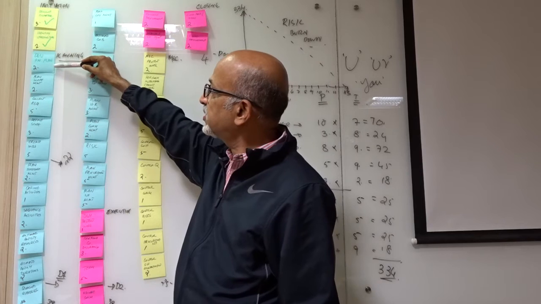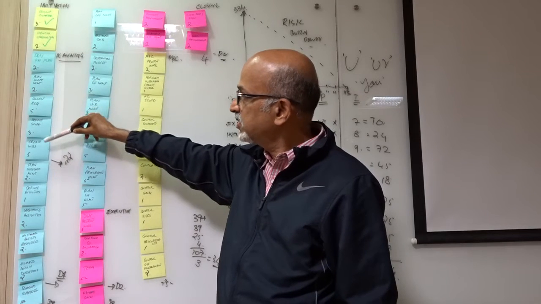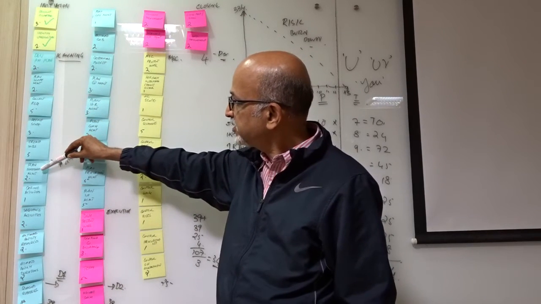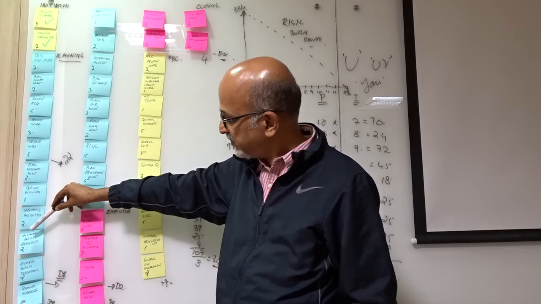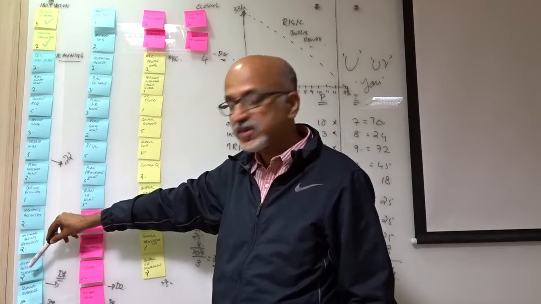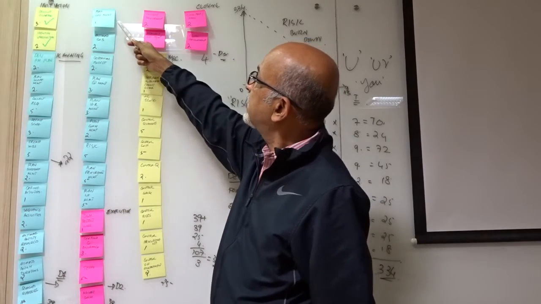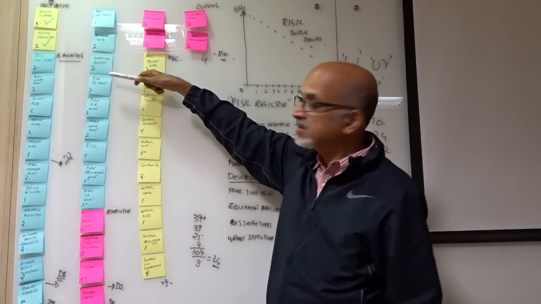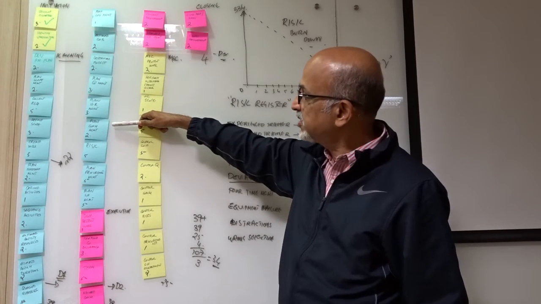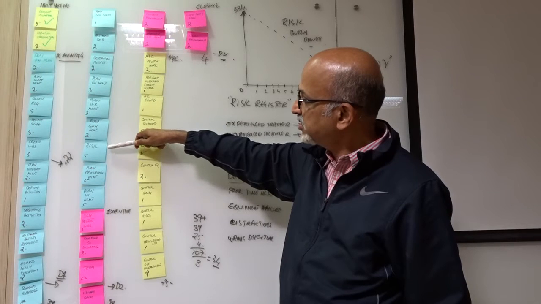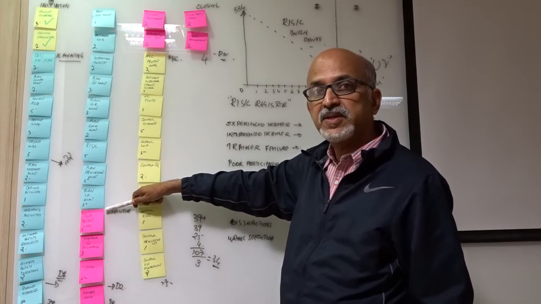We started with develop project management plan, plan scope management, collect requirements, define scope, create work breakdown structure, plan schedule management, define activities, sequence activities, estimate activity resources, estimate activity durations, and develop schedule, followed by plan cost management, estimate cost, determine budget, plan quality management, plan human resource management, plan communications management, plan risk management, plan procurements management, plan stakeholder management. So here we complete with planning.